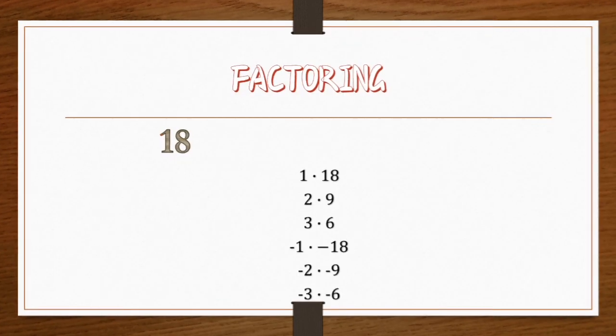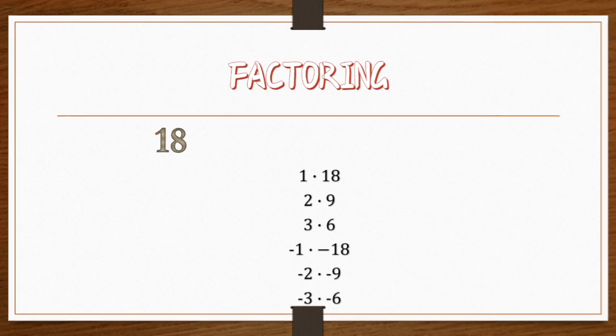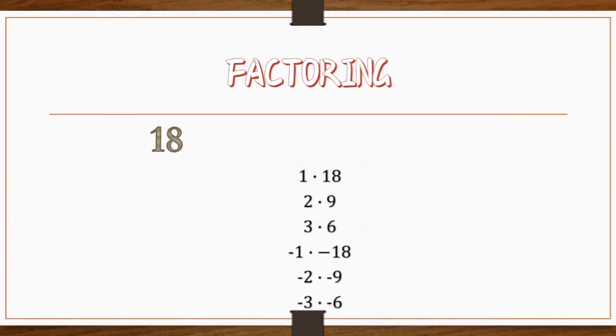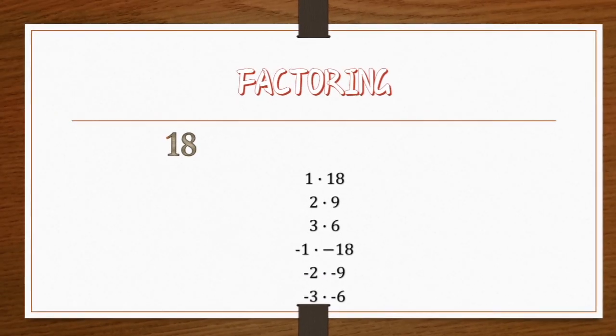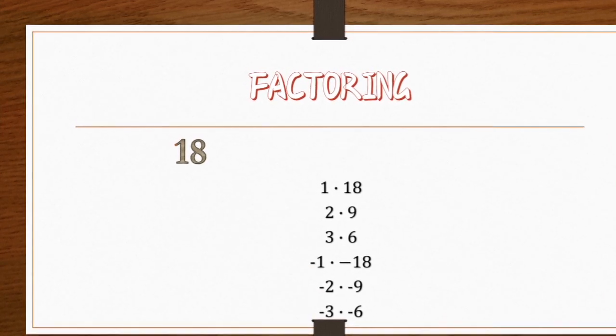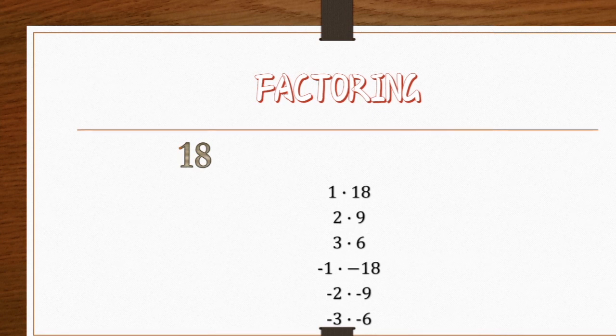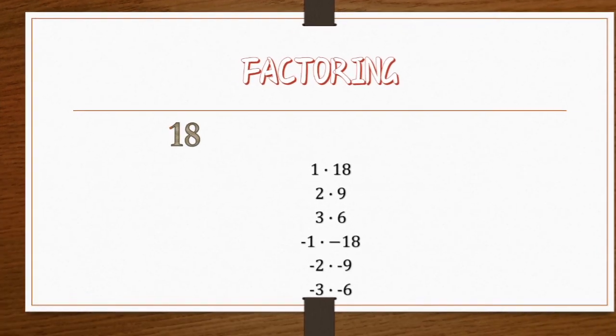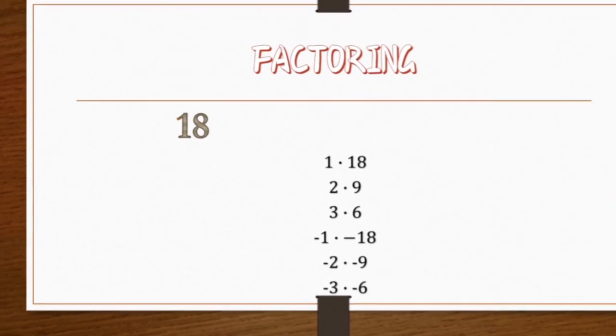So let's start out by talking a little bit about just what factoring is. Factoring is the process by which we go about determining what we multiplied to get the given quantity. We actually do this all the time with numbers.